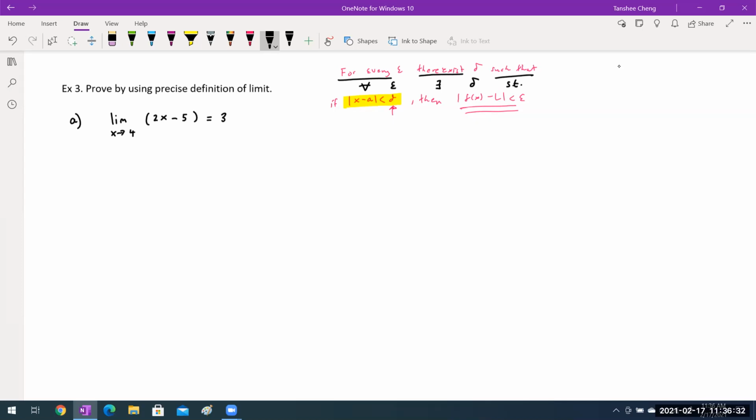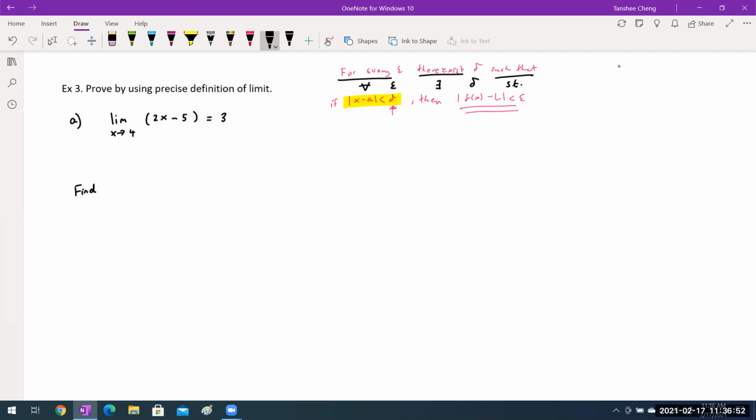The first column is trying to find out the ideal choice for the delta. And this is not proof. So now we're going to start with this part. We want to find the ideal choice of the delta.